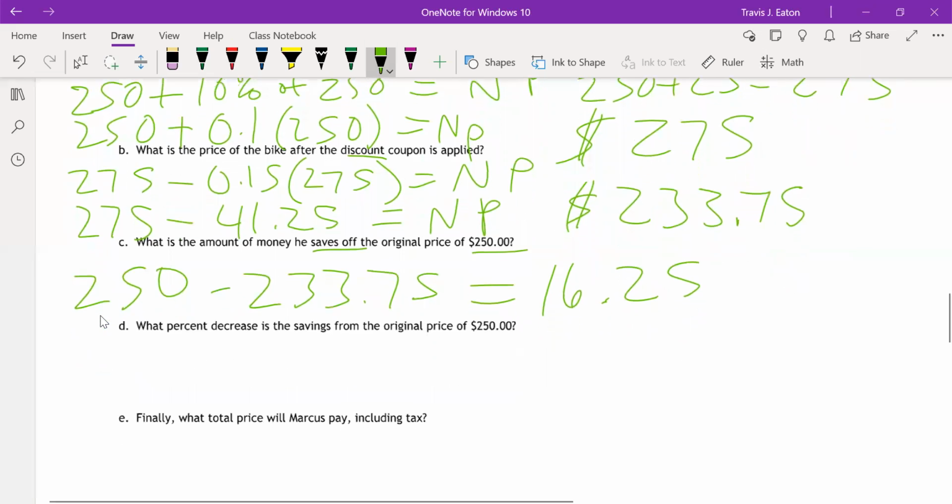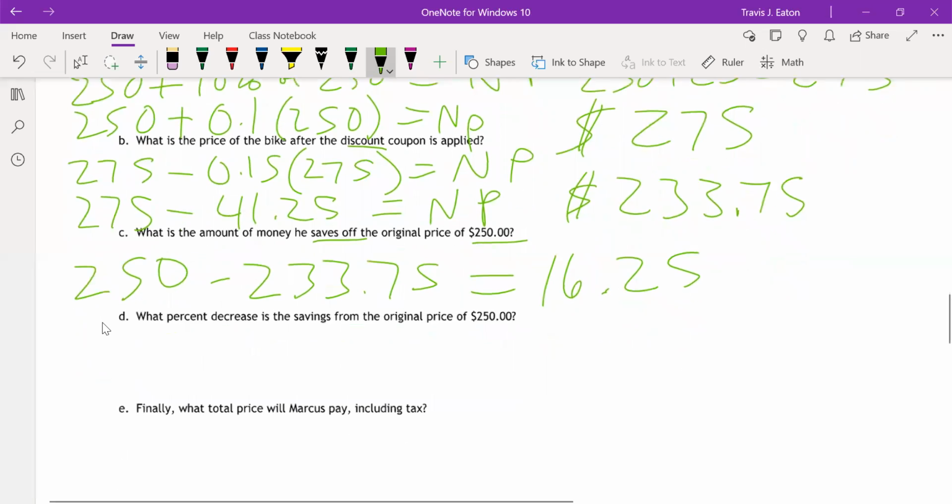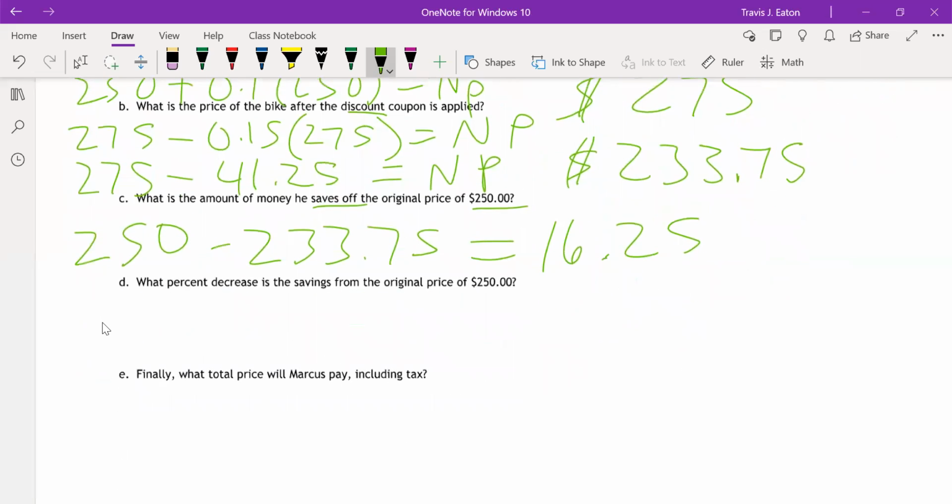Which brings us to question D. What percent decrease is the savings from the original price of 250? Okay, so we want to know what percent he is actually saving, right?